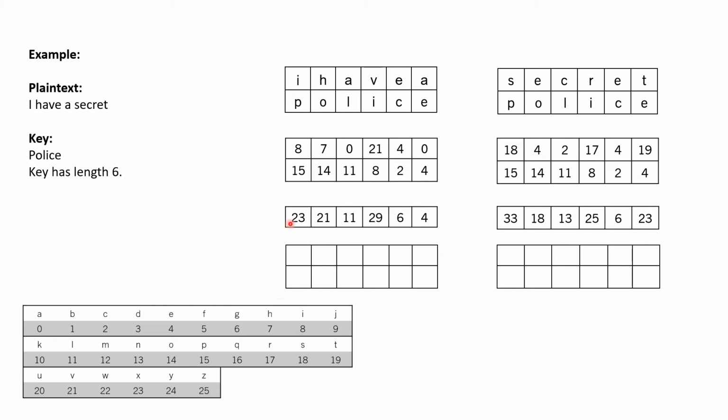So for example, number 23 corresponds to letter X, and number 21 corresponds to letter B, for example. But there are also some values like number 29 or number 33 that actually do not exist in this table.